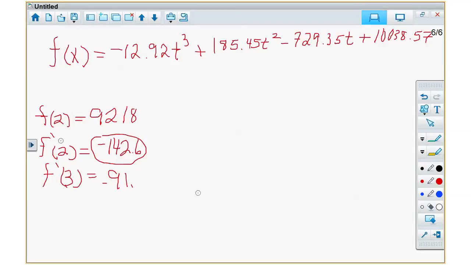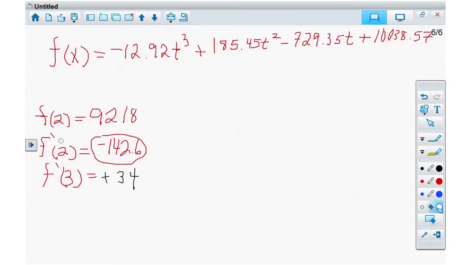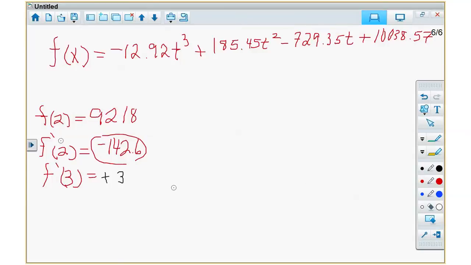Is that f prime of 3? Oh, no, I'm sorry. It should be negative. I got 34. Look at your graph. Positive 34. It goes down and then back up. 34.5, so 35 employees. So it looks like after the 3rd year, I'm going to start picking up employees.